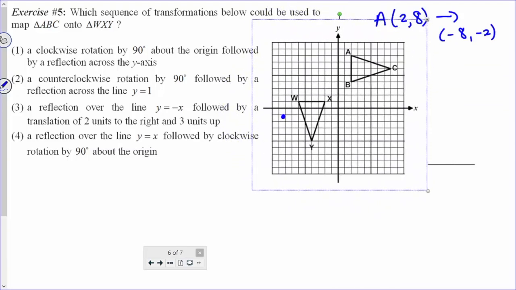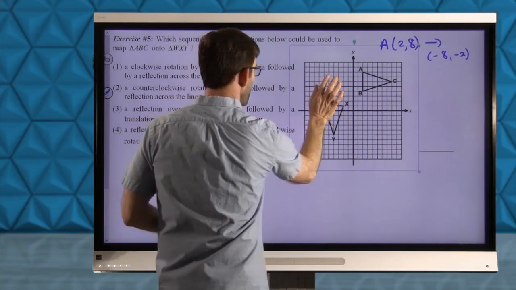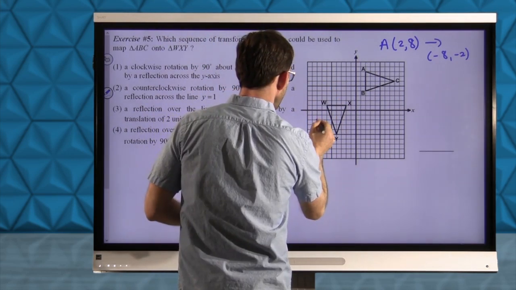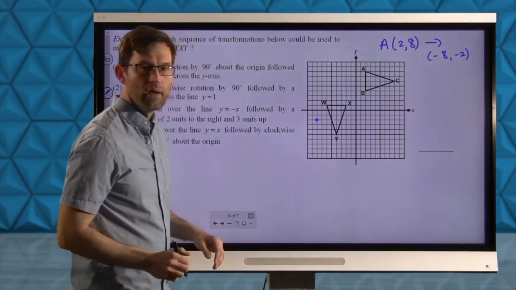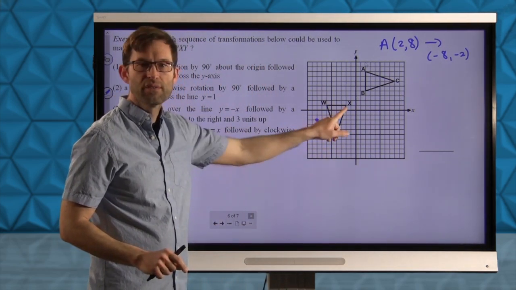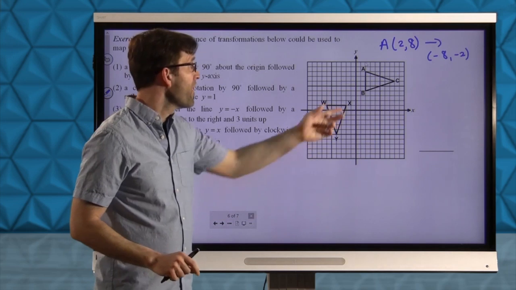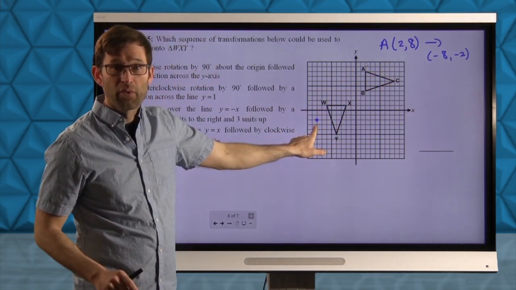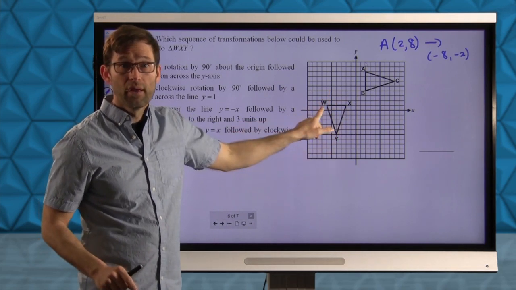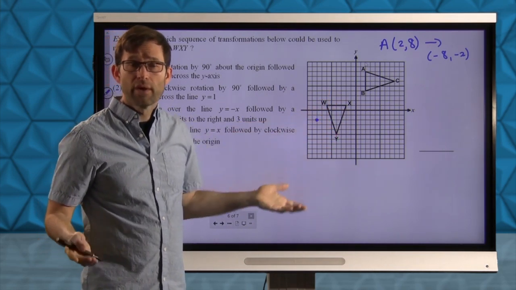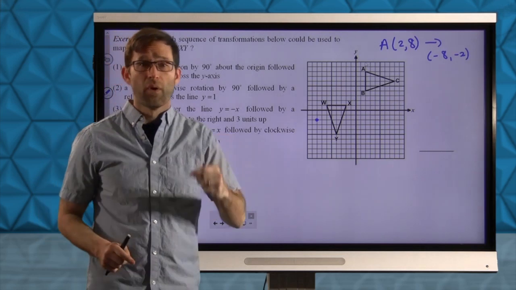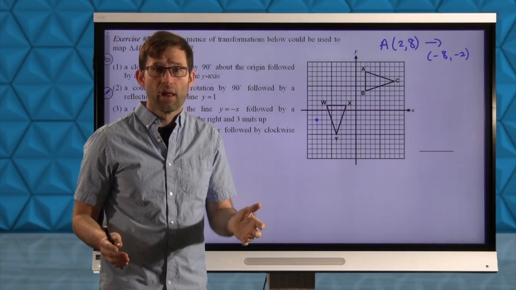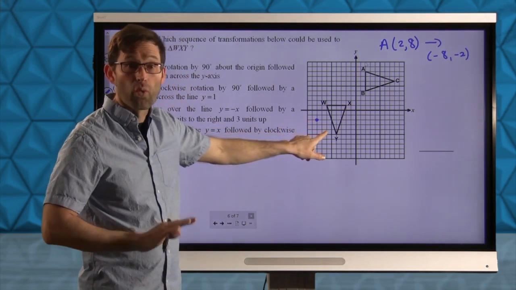The thing is, negative 8, negative 2 is right here, and that's not one of the 3 vertices of WXY. So if A, after that particular transformation, doesn't end up being right on one of those 3, well, then it's not the right transformation. Now, if it does fall on one of the 3, it doesn't necessarily mean it's the correct transformation. We could have just gotten unlucky, but this definitely means it's the wrong one.